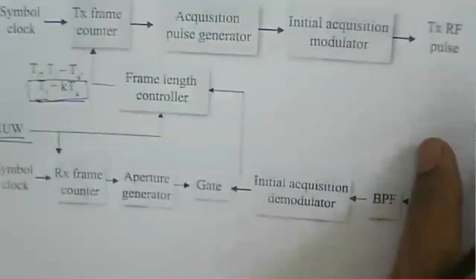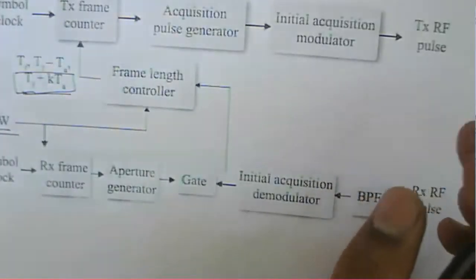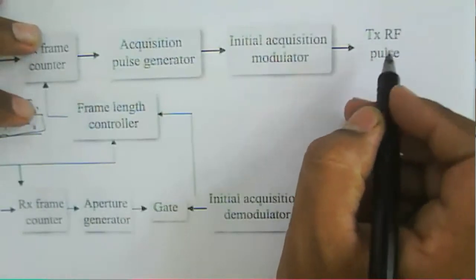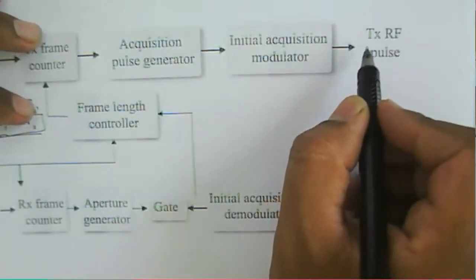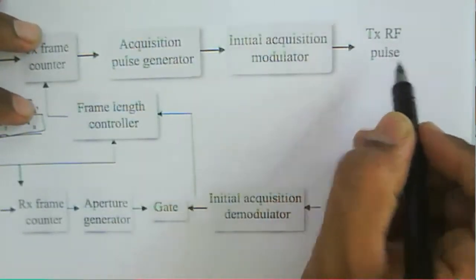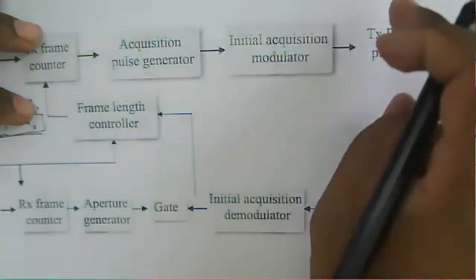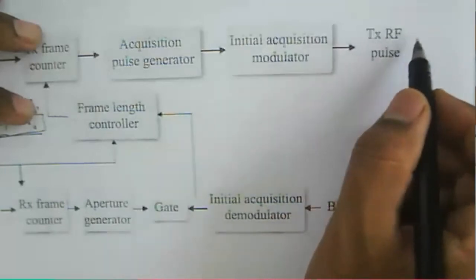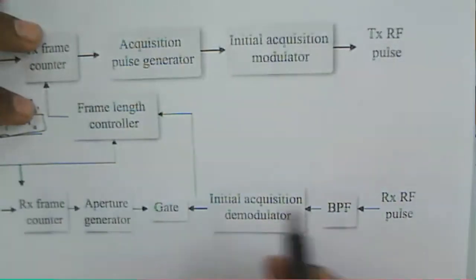And we have this frame that is about a transmit frame, and we have here the receiving frame pulse. Okay, so that is about a TX RF pulse and an RX RF pulse.